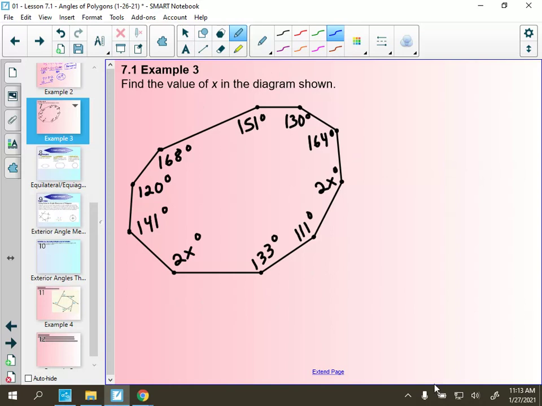So a couple different things. What makes this one different? Well, we don't know the sum, right? I don't know what these all add up to. I've got a couple different x's, and I don't even know how many sides. Ultimately, I can count in this one and figure out how many sides. One thing you can do too, and I don't know if we explicitly said it earlier, but the number of interior angles should be the same as the number of sides.